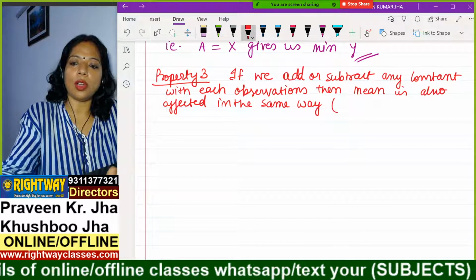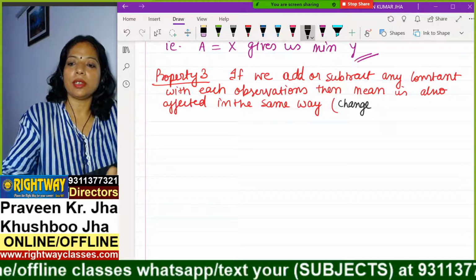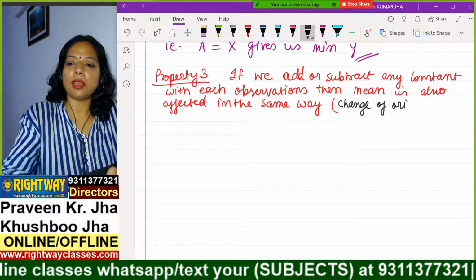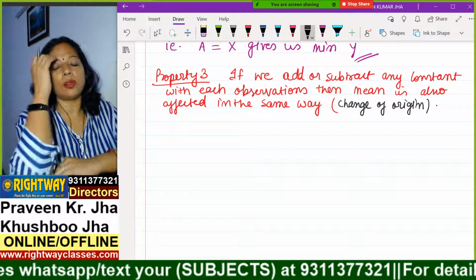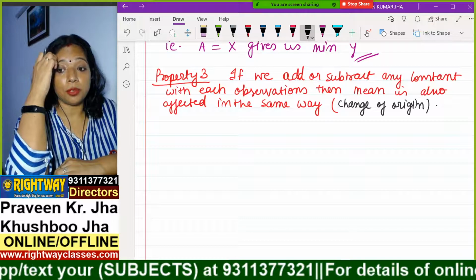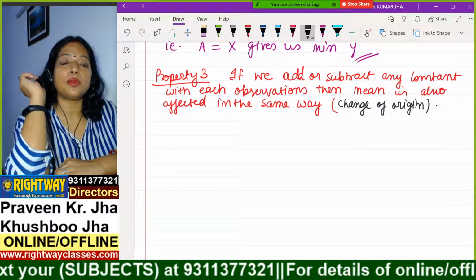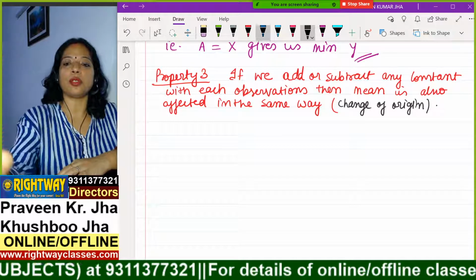This is called change of origin. Sometimes the setter does not want to give such a long statement, so they may write: what is the property of change of origin for mean. So you have to write this statement also, and you have to prove it also.